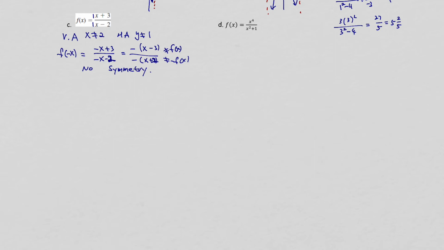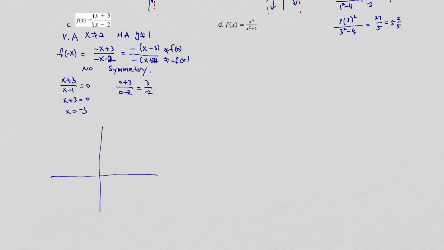Finding the x-intercept. You get x plus 3 equals 0, where x is negative 3. Y-intercept. That will be 3 over negative 2. With that information, let's see what I have.